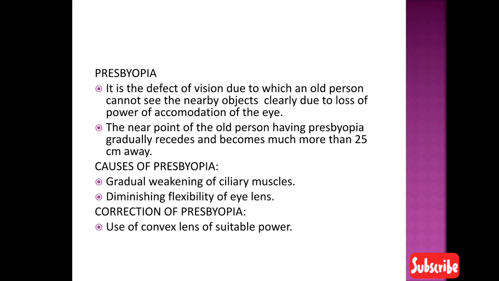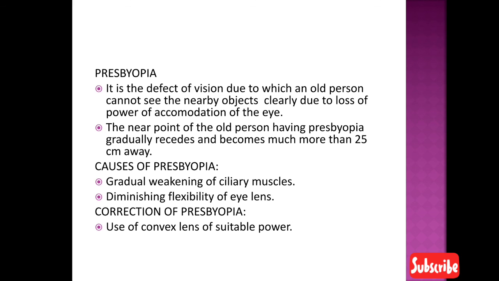So in an old person, this power of accommodation of the eye is lost, and the near point of an old person having presbyopia gradually recedes, and becomes much more than 25 centimeters away.